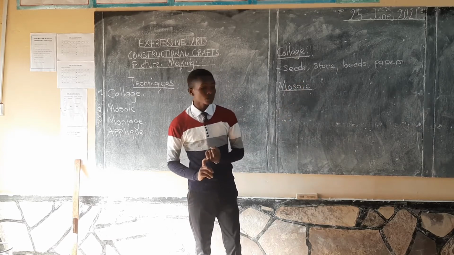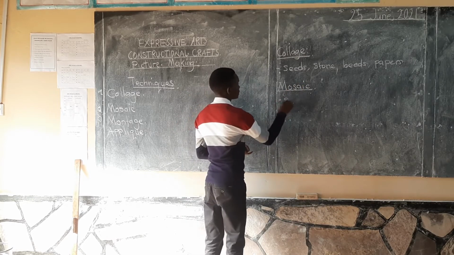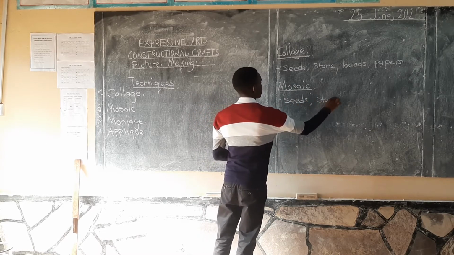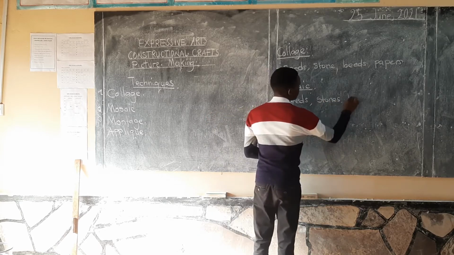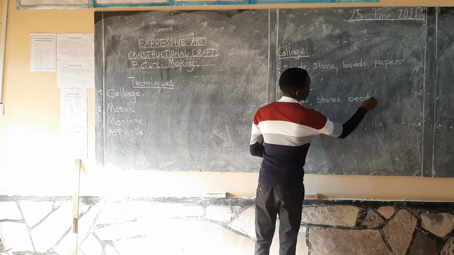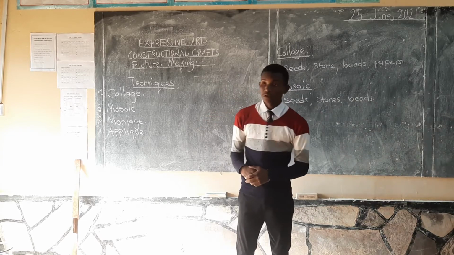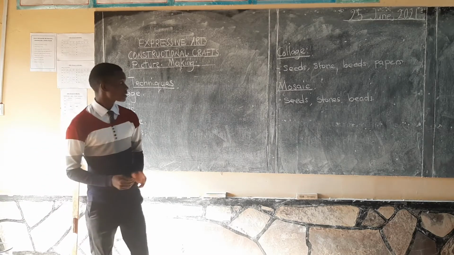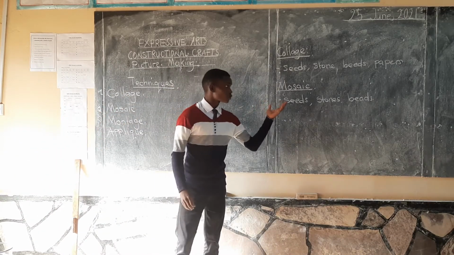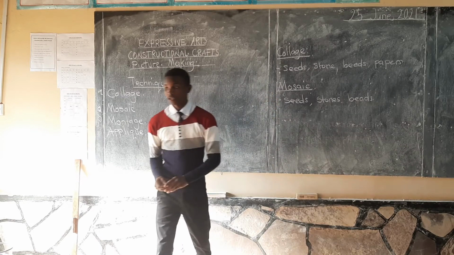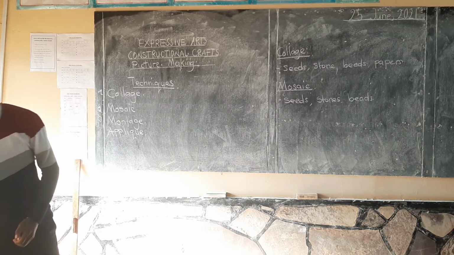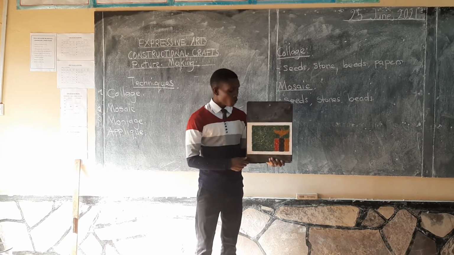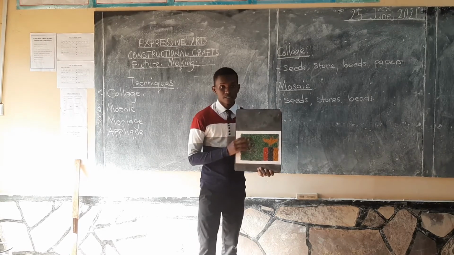Sometimes even here you can use seeds, stones, even beads. For example, I want to show you a picture that I made using this technique. In this picture, it is showing a flag of Zambia.